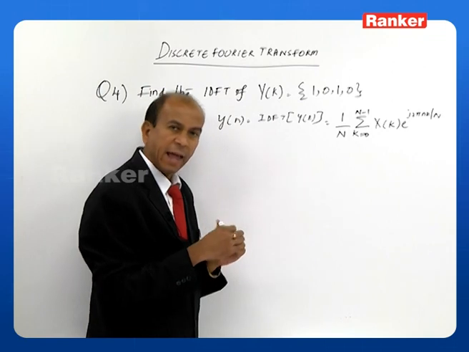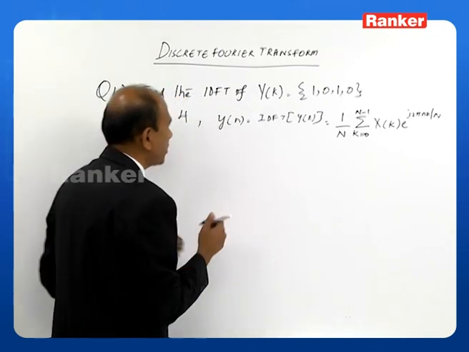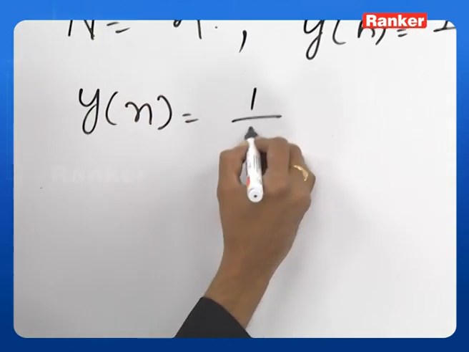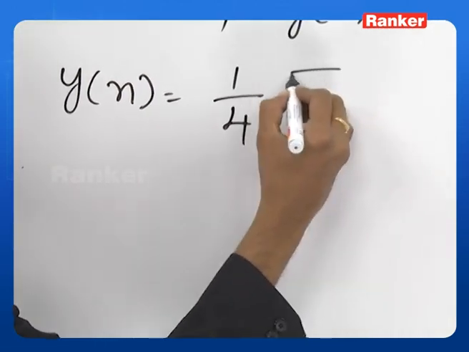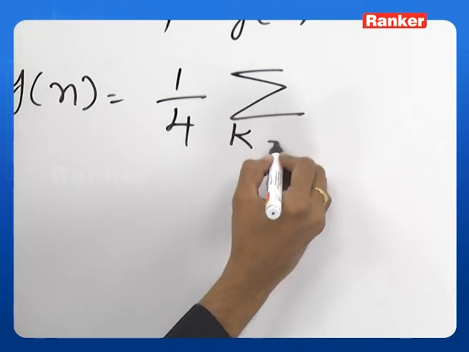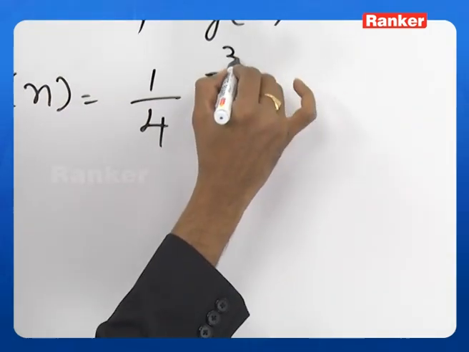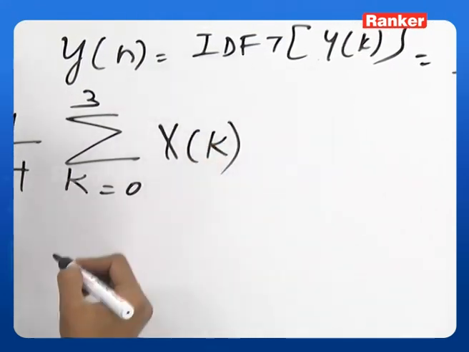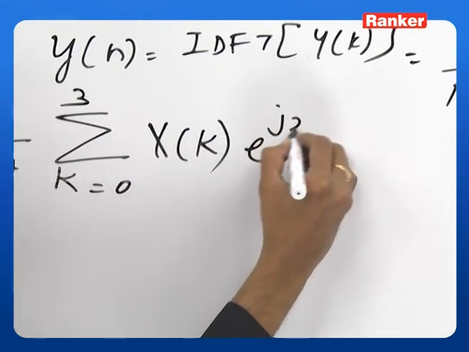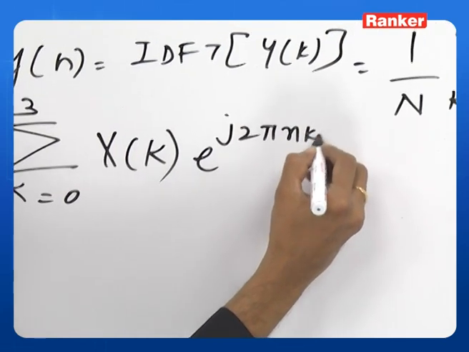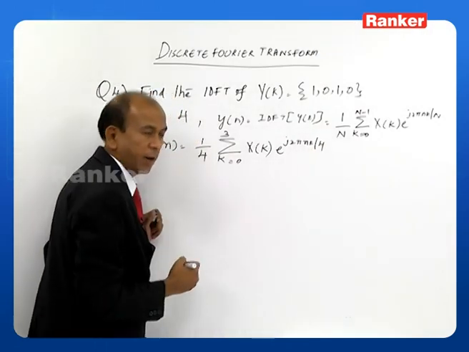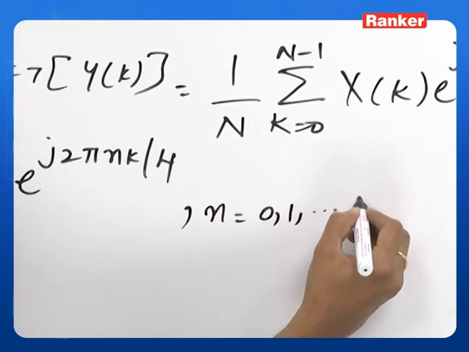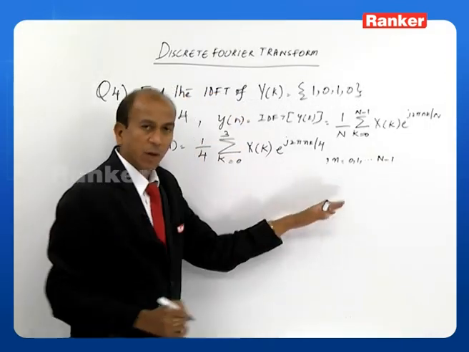Now as you are aware, n is equal to 4. So let us rewrite this equation. So I will write down here y of n is equal to 1 by 4, that is what we know, the summation k is equal to 0 to 3, x of k e to the power of j 2 pi n k by 4, where n is equal to 0, 1, so on up to n minus 1.